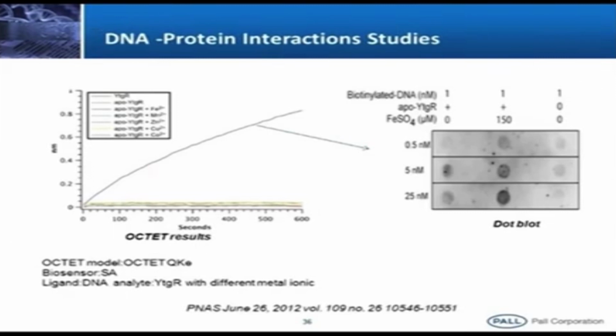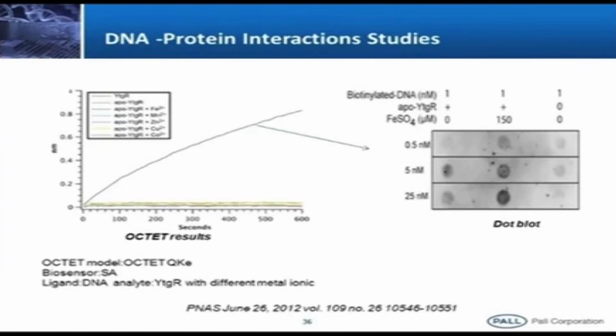This is a DNA protein interaction study. This is one example. The biotinylated DNA was immobilized onto the streptavidin sensor. Then with the ApoYTGR protein, in the presence of ferrous sulfate you can see a binding. They used different metal ions here. With none of the metal ions, there is just a baseline.